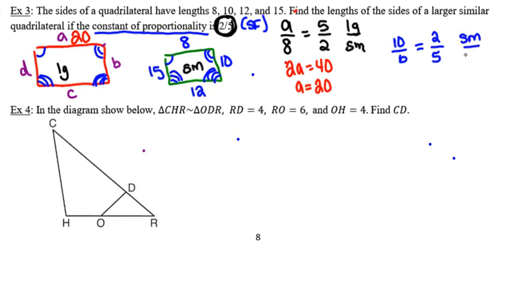So again, it really doesn't matter in which order you write the scale factor, as long as if I'm writing the scale factor small to large, I'm also comparing the length of the small side to that of its corresponding side in the larger quadrilateral. So cross multiplication here gives me 2b is equal to 50, and b, or the length of that side, would be 25.